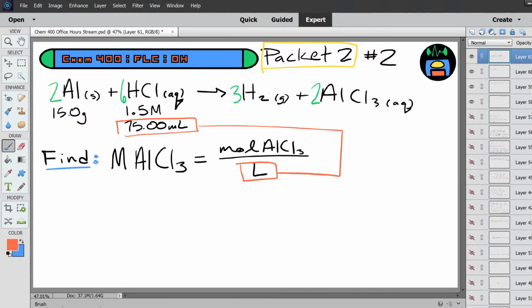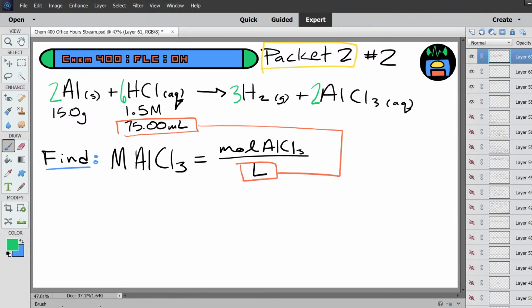That's our denominator because we added 15 grams of aluminum to the solution. But the solution volume doesn't change when solid solutes get dissolved. And so that volume of HCl is going to be the volume that contains the aluminum chloride. We have to convert it to liters, of course. But that value, once converted, will be the denominator.